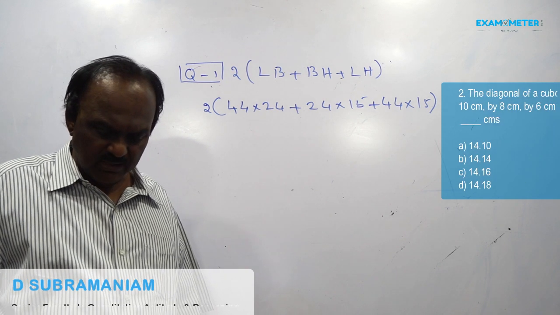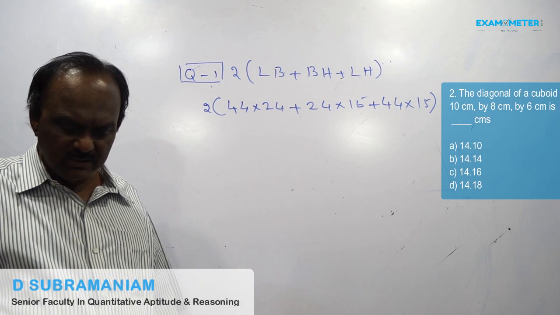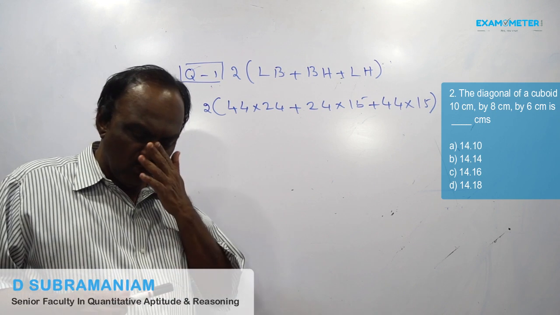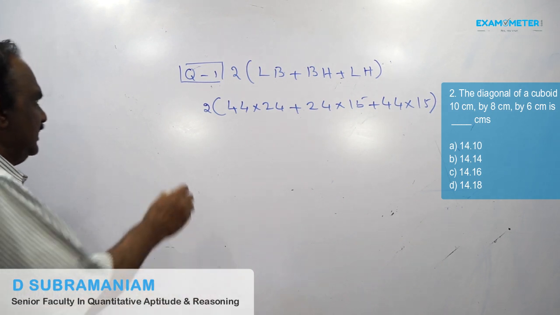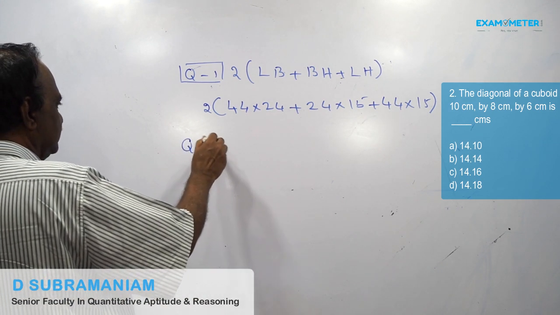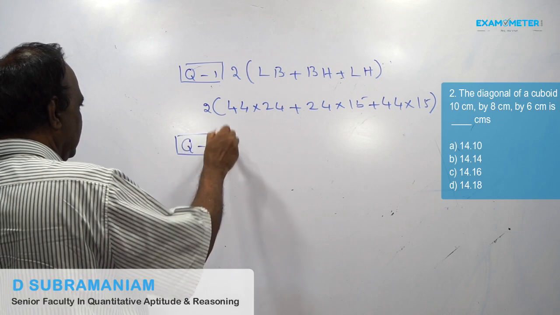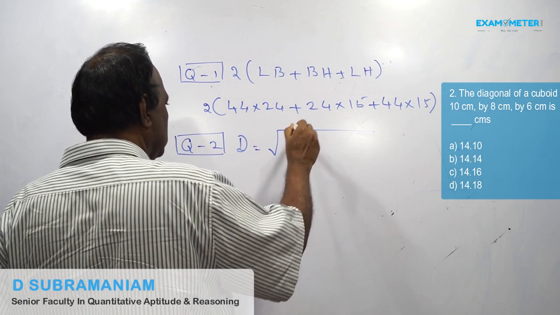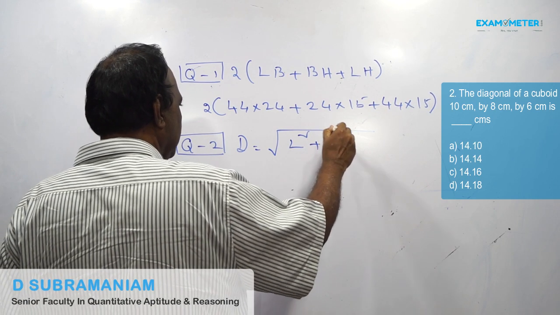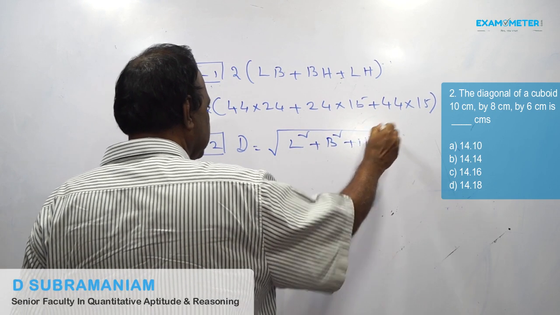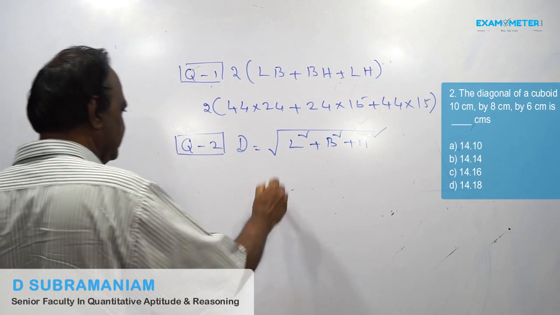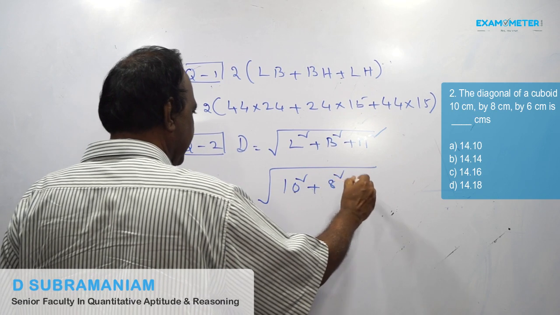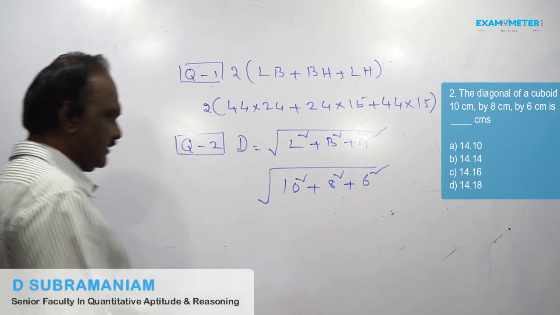Question number 2. The diagonal of a cuboid 10 centimeter by 8 centimeter by 6 centimeter is how many centimeters? Diagonal of a cuboid is root of L square plus B square plus H square, so root of 10 square plus 8 square plus 6 square.